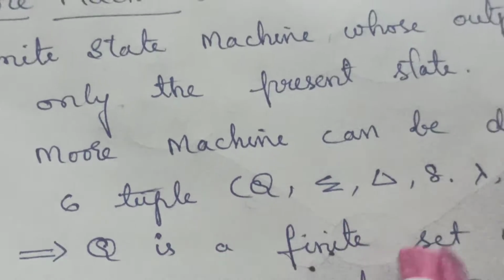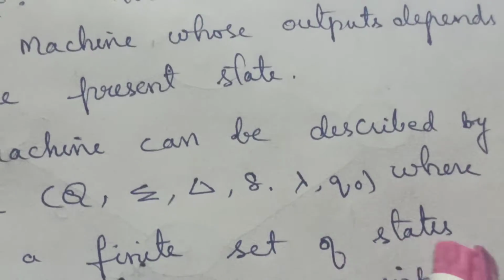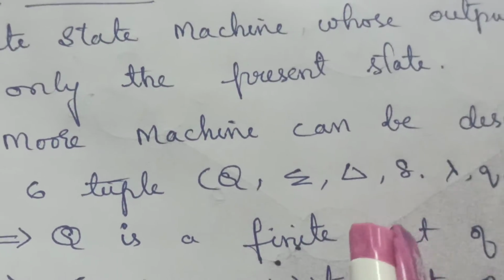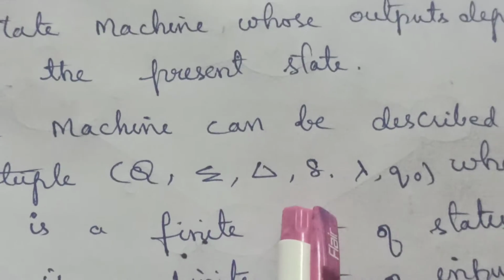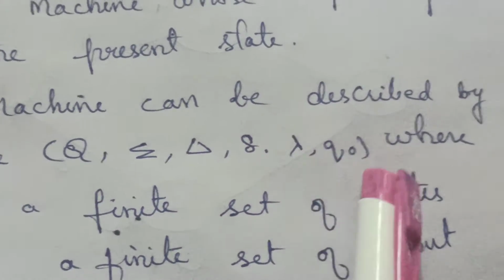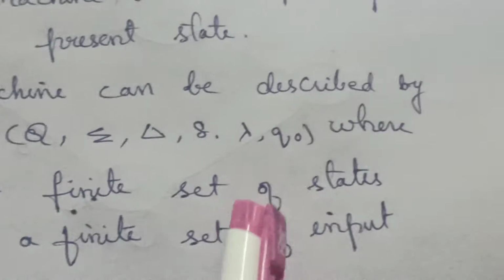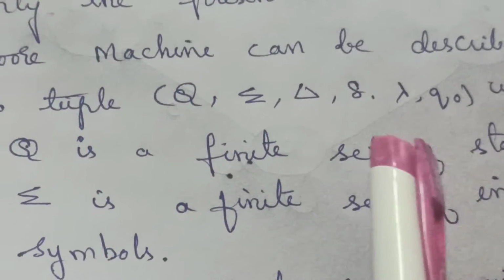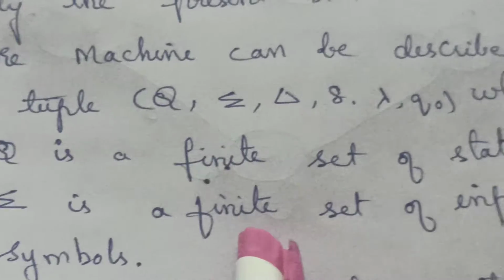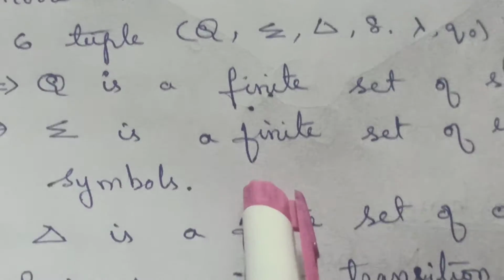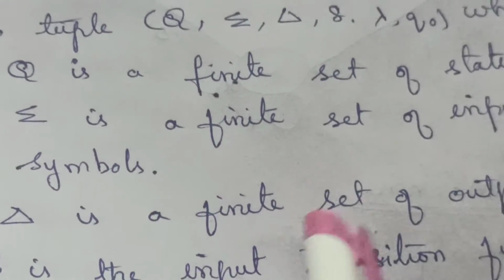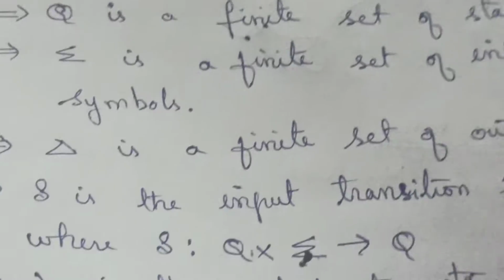So a Moore machine can be described by a six tuple: Q, sigma, delta, del, lambda, Q naught, where capital Q is a finite set of states, sigma is a finite set of input symbols, and delta is a finite set of output symbols.